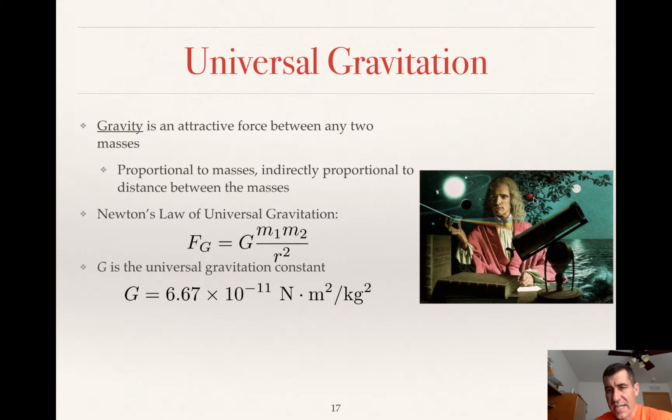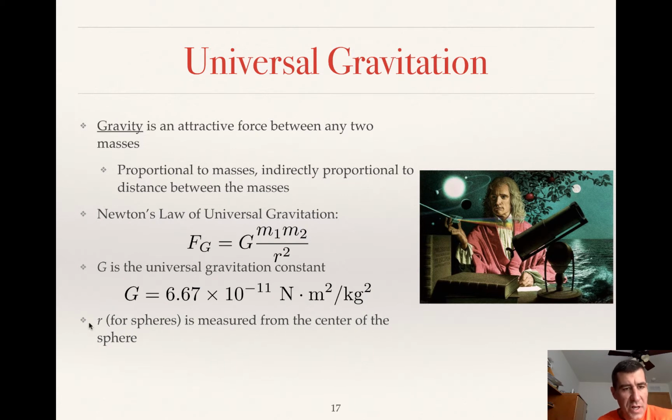But the important thing, and that's illustrated in the picture here, so there's an apple and there's the moon, is that Newton realized it was the exact same force of gravity that caused apples to fall on the surface of the Earth, and it's the exact same force of gravity that causes the moon to revolve around the Earth. So they're exactly the same force, and that's why this is called the universal law of gravitation, because it's the same gravity everywhere in the universe, from the surface of the Earth to the planets to the galaxies to the whole universe.